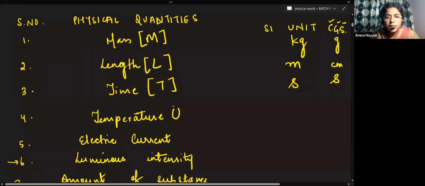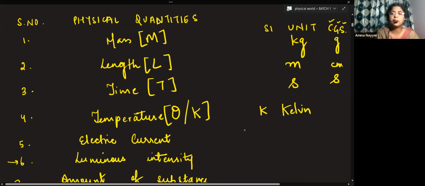Sometimes in books you will see it denoted by theta, sometimes by capital K. Both are correct; whichever you prefer, you can use. But the SI unit is Kelvin, which is also denoted by a capital K, like 300 Kelvin, 400 Kelvin. The CGS unit is degrees Celsius.